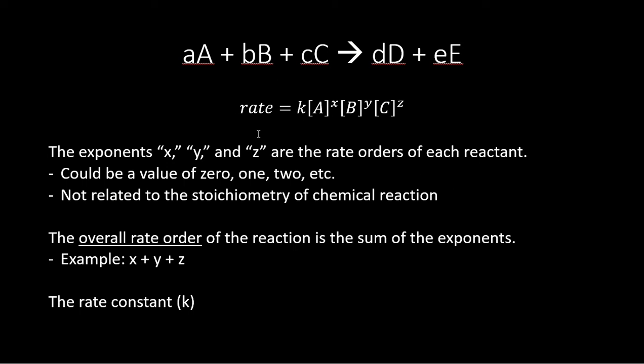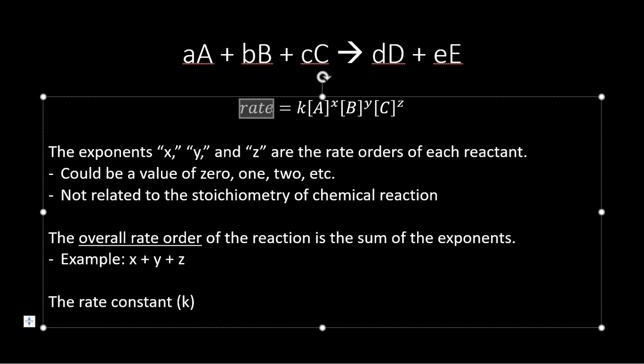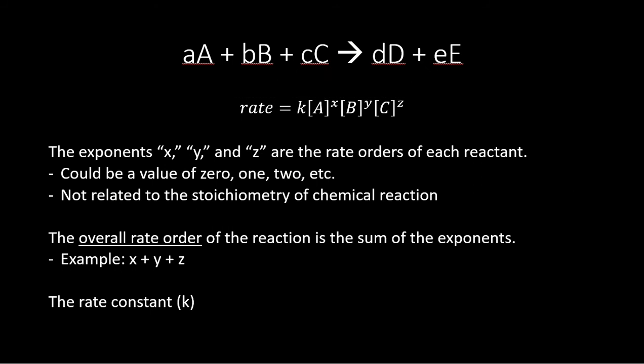Now, whatever the value of that rate is, it will equal some rate constant K multiplied by the various concentrations of the reactants. For these instantaneous reaction rates, we do not factor in the products because this involves the reactants coming together. This is not involving the products in any way.